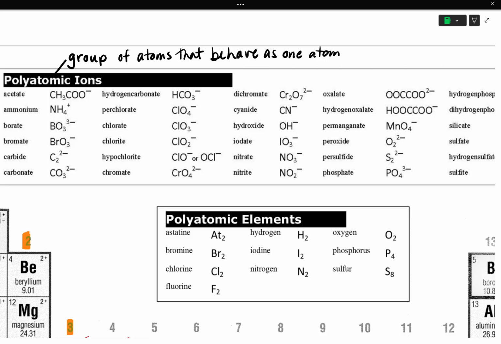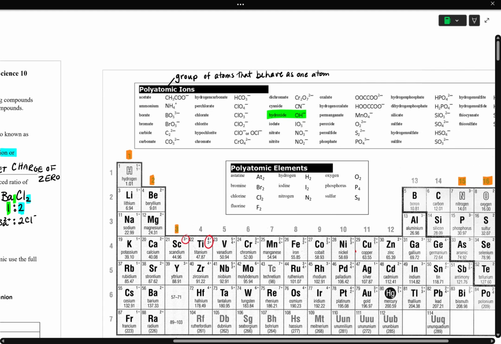If you look at hydroxide, which is very common, hydroxide is right there. That oxygen and hydrogen act as 1 molecule. They're never going to be separated from each other. And the overall charge of that polyatomic is 1 negative. Okay, so let's keep going here.